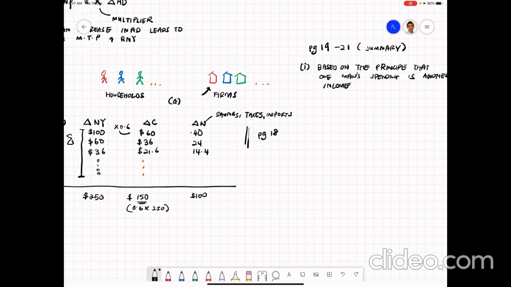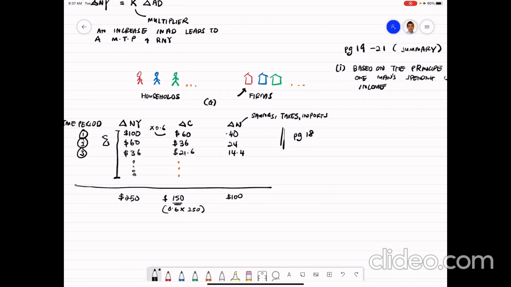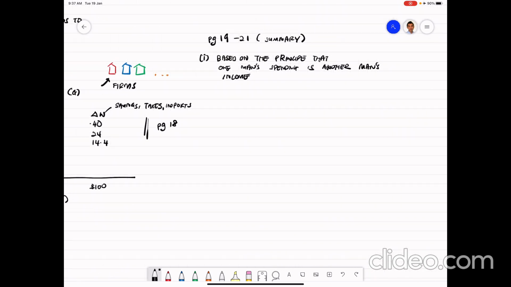So back to our example, red man's spending is blue man's income, blue man's spending is green man's income, green man is going to spend on other men. So it's based on the principle that one person's spending becomes the income for another person.